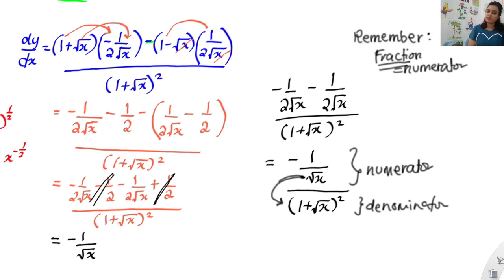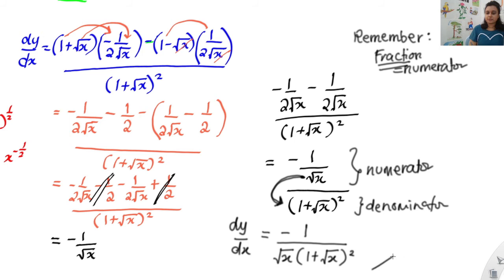So take the denominator and attach it with the denominator below also. So your final answer will become negative 1 over square root of x, and the down one, put bracket like normal and just copy back. So this is your dy dx.